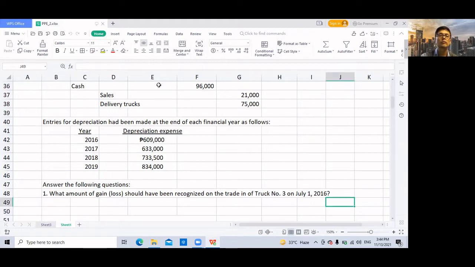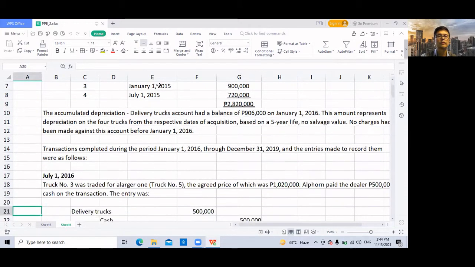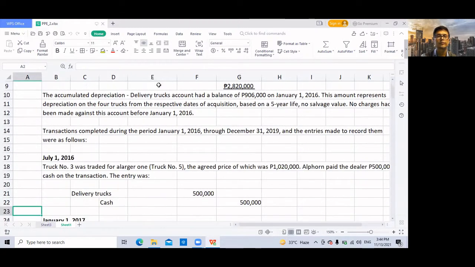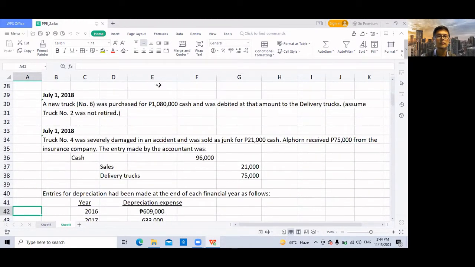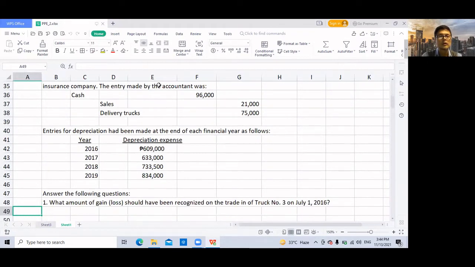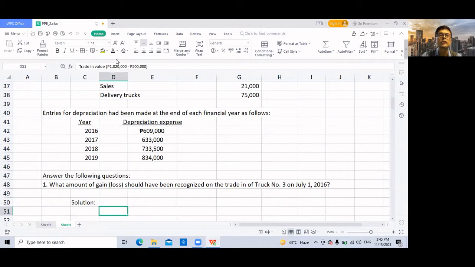So we'll now proceed with the solution. This is the solution, and this is the trade-in value.